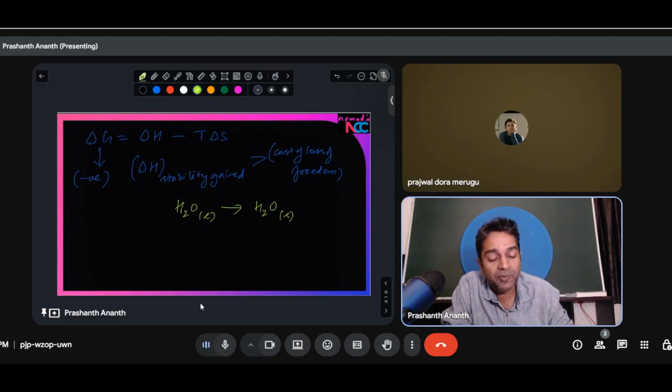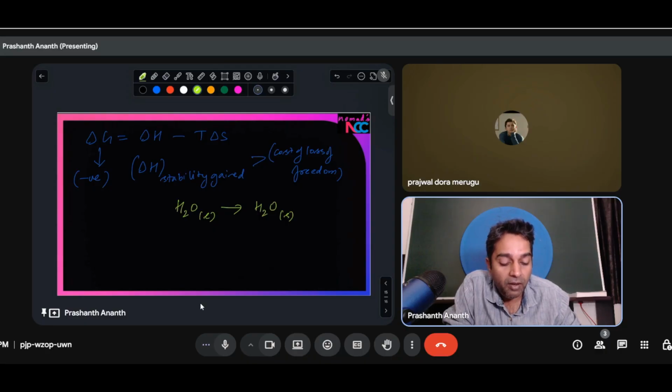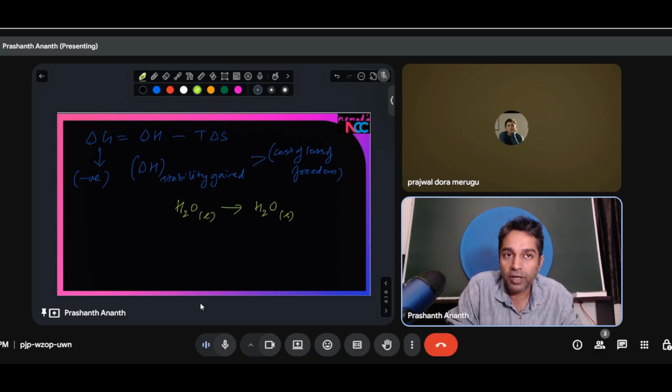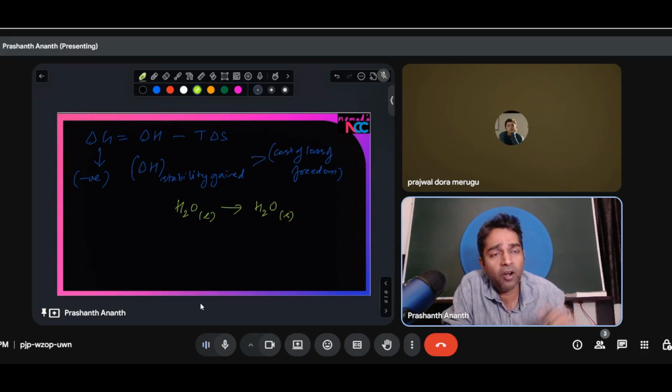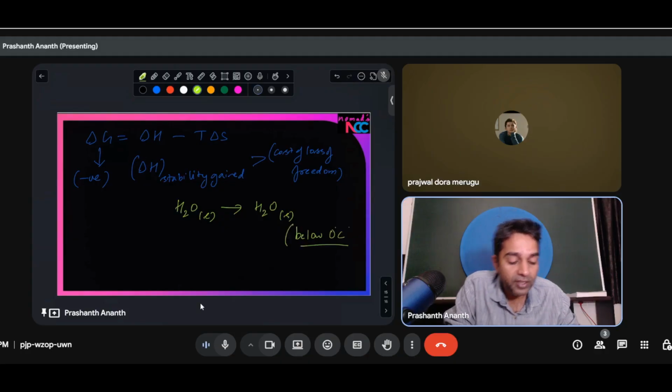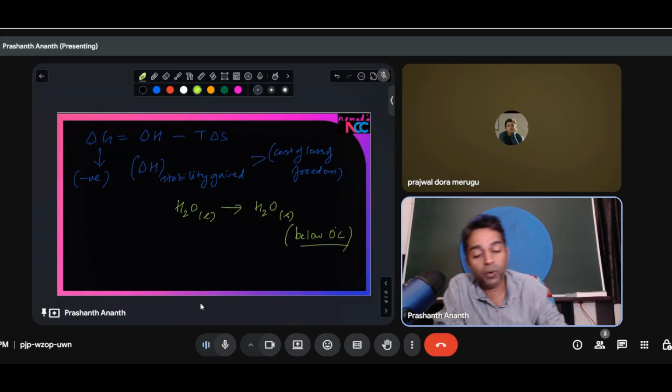So what is basically happening over here? This water liquid becomes water solid, but it doesn't happen at normal room temperature. It happens below 0 degrees Celsius, correct? So what is exactly happening in this process?